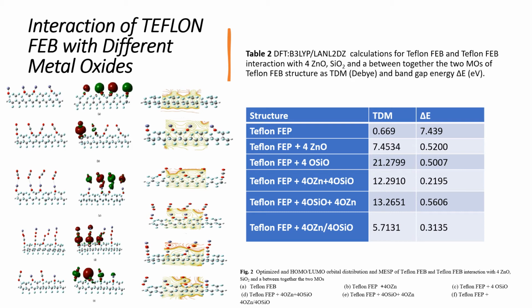Also, the results of total dipole moment and band gap energy confirmed the enhancing effect of metal oxides, and the most effective metal oxide was the combination zinc oxide silicon dioxide layer by layer, or as a sandwich, with a band gap equal to 0.2 electron volt.